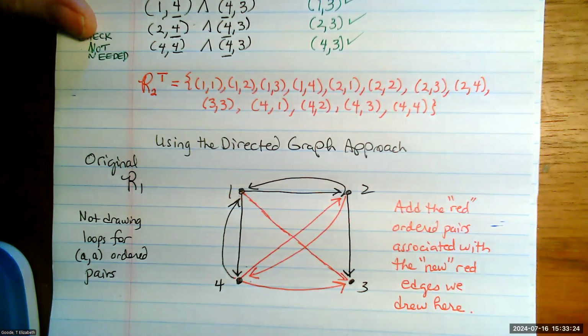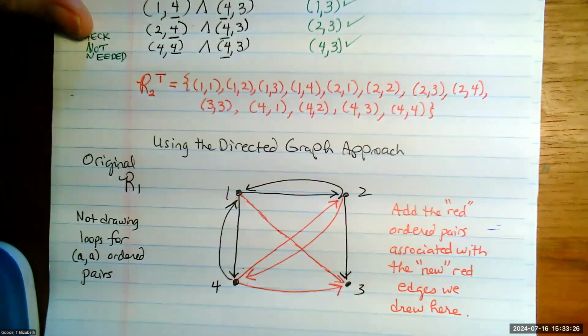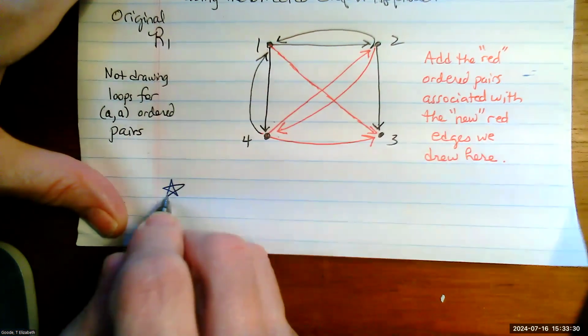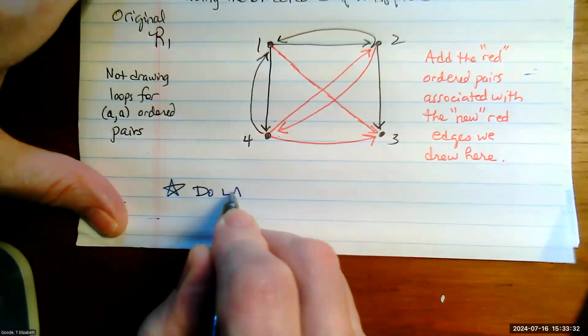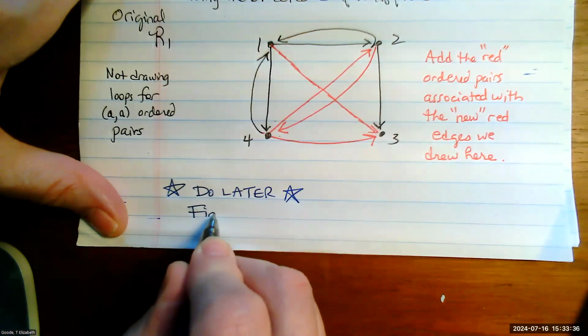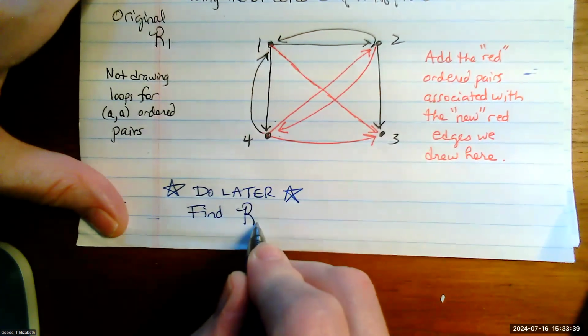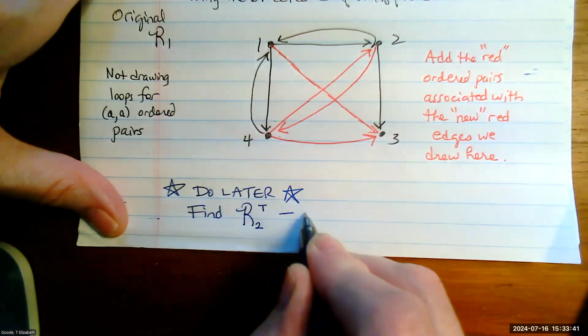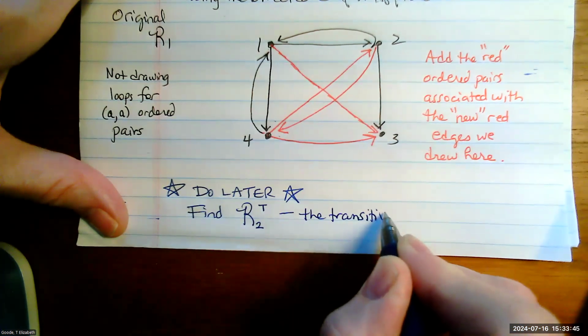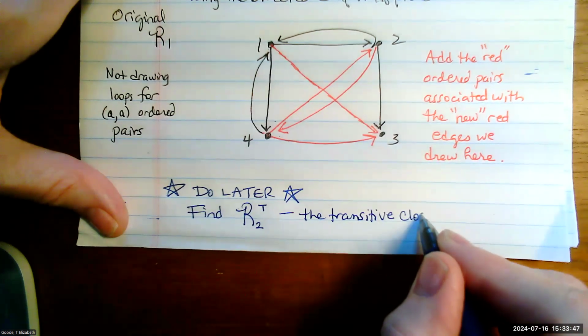Why don't you go ahead and later find the transitive closure of R2. You feel better about that now? Yeah, I do. I was unsure when I should flip the ordered pairs.